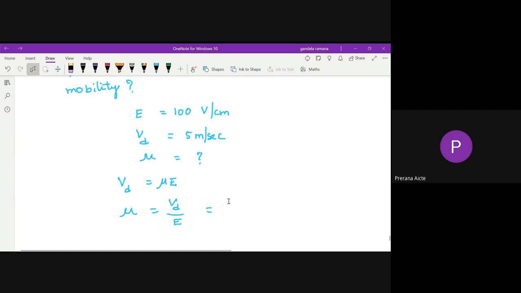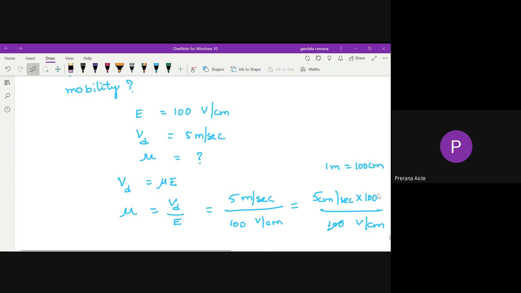So what is the value? Vd upon E, that is 5 meters per second by 100 volts per centimeter. Here we want to convert, since centimeter is there. 1 meter is equal to 100 centimeters. So 5 meters per second becomes 5 times 100 centimeters per second, divided by 100 volts per centimeter.